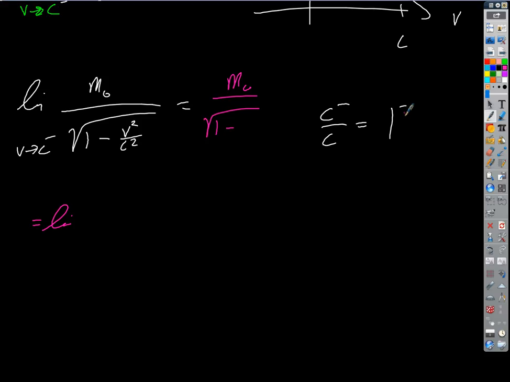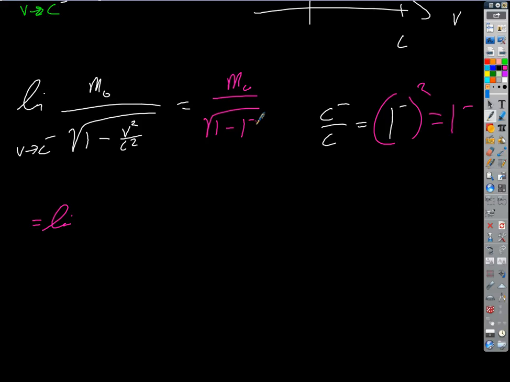Does that make sense? So I could just call that 1 minus, right? Everybody agree? Like 0.99 squared would be even closer to 1 if I squared, right? So I end up with 1 minus 1 minus.